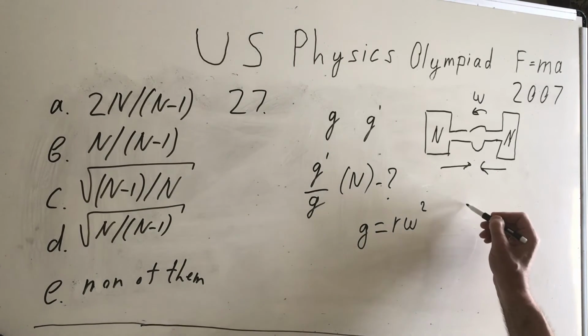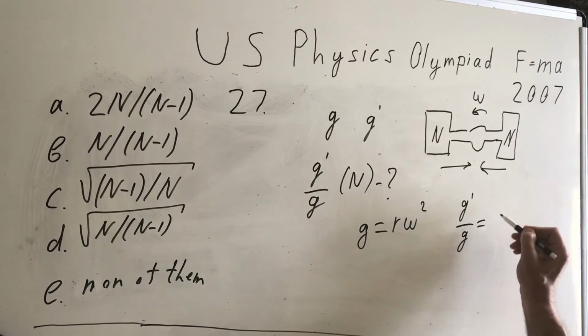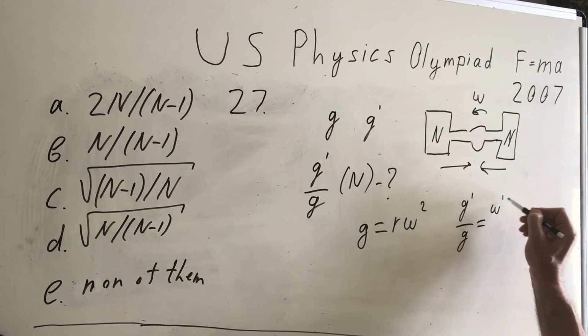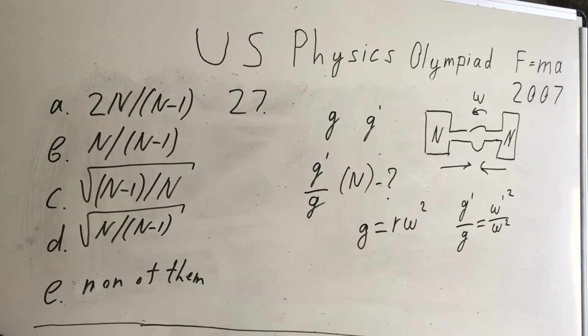It means that g prime over g equals omega prime square over omega square. That's the first one. Second, we have angular momentum conservation due to the absence of external forces.